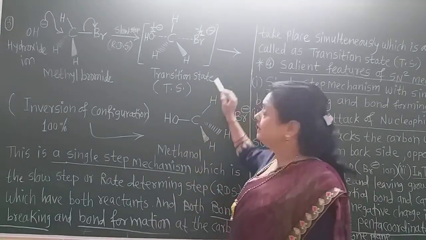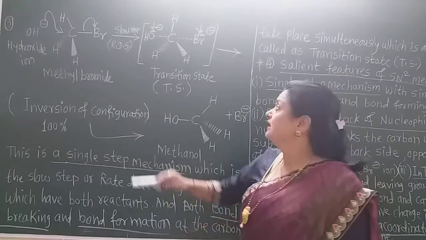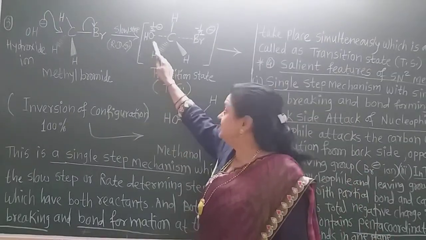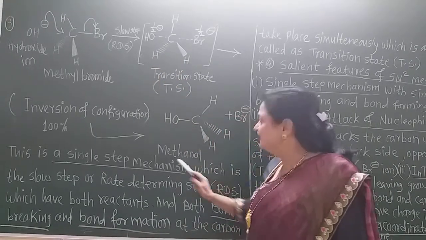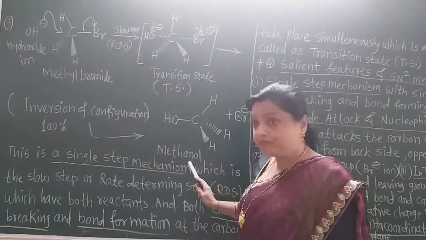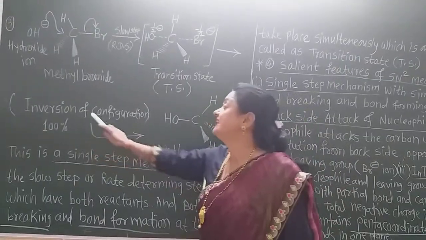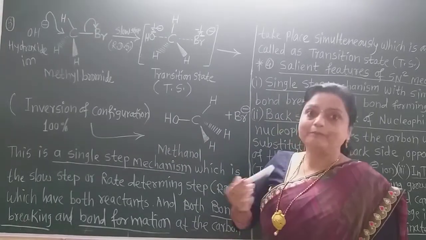And after the leaving group breaks away completely and the attacking nucleophile attaches, we obtain the product, that is methyl alcohol, methanol, which has 100% inversion of configuration, and the leaving group, bromide, breaks completely.